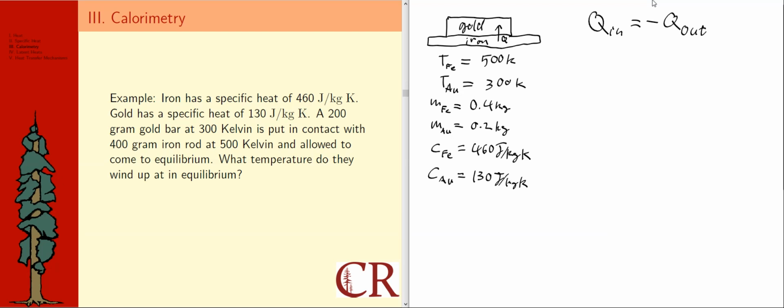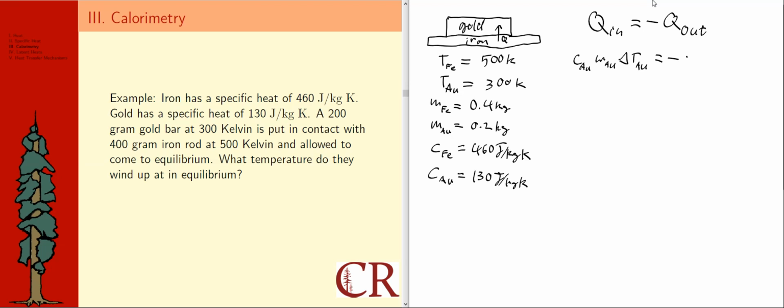So when I say Q in, I think it's clear from the picture that the heat is transferring into the gold. If you remember that formula that I shared from the specific heat topic, Q is equal to C times M times delta T. So Q in, since that's for the gold, is C Au times M Au times delta T Au, is equal to minus, now the heat is coming out of the iron, right?